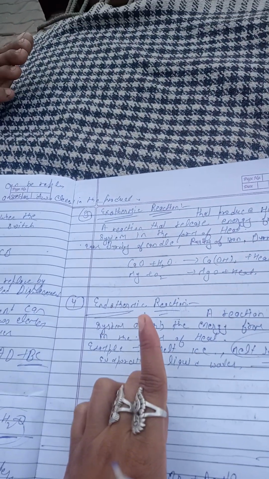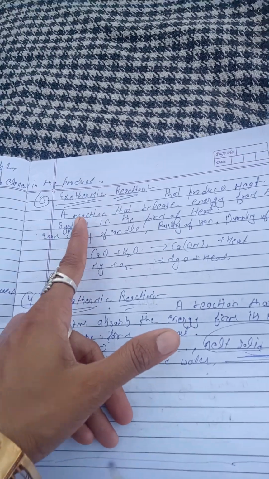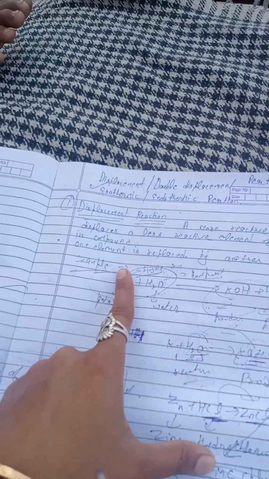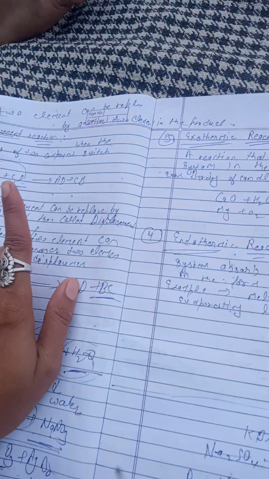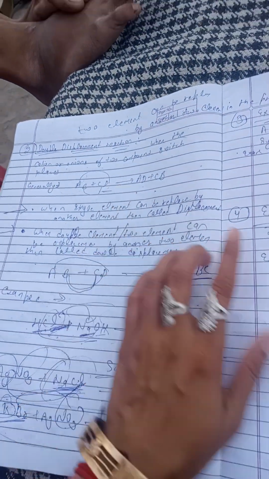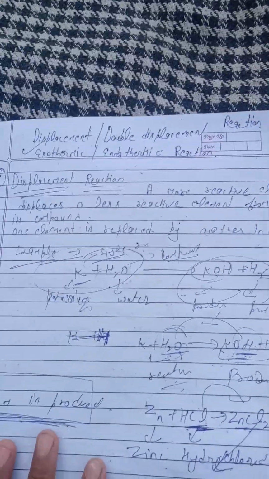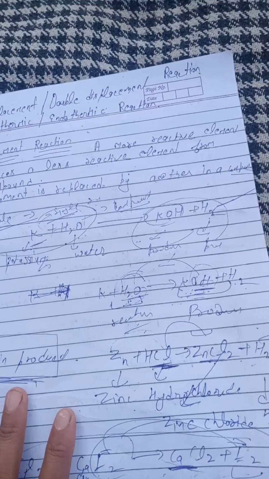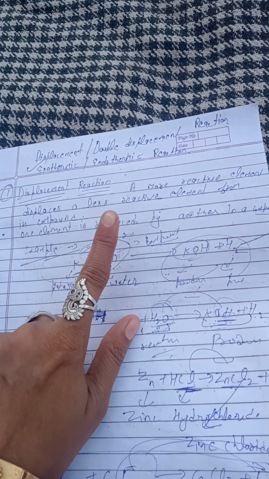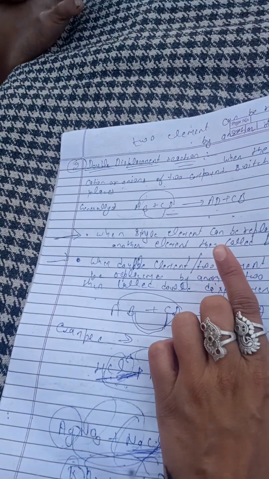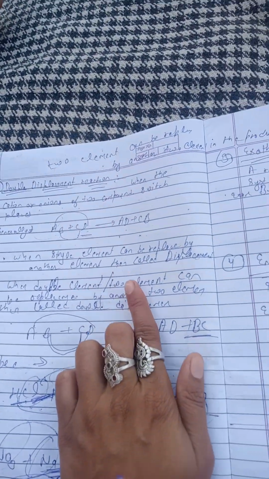Exothermic and endothermic reactions are completely different from each other, and the displacement reaction and the double displacement reaction are not different from each other. They are just the same process. In the displacement reaction, a single element is replaced, but in the double displacement reaction, two elements are replaced by another two elements. Thank you.